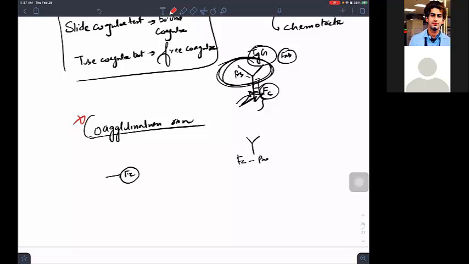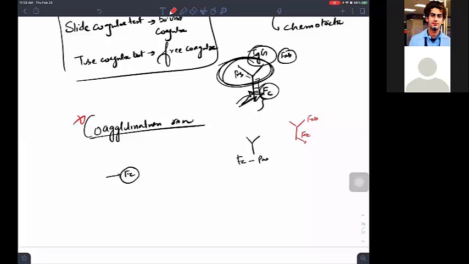Let us talk about the next point. Someone asked me to repeat the last point. I'm saying if you want to do a coagglutination test, the antibody has two regions, an Fc region and a Fab region.